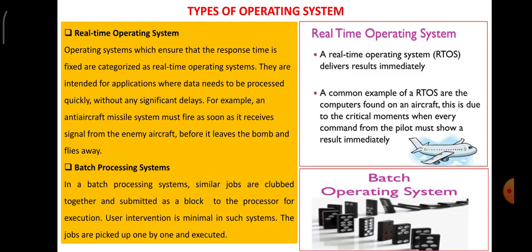This is due to the critical moments when every command from the pilot must show a result immediately. Or you may also take the example of an anti-aircraft missile system, which should fire as soon as it receives the signal from the enemy aircraft. In that case, when the operating system has to respond quickly, you will go for the real-time operating system. Hope it is very clearly given to you.